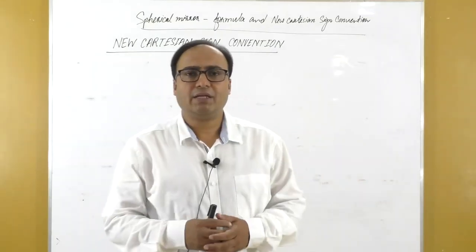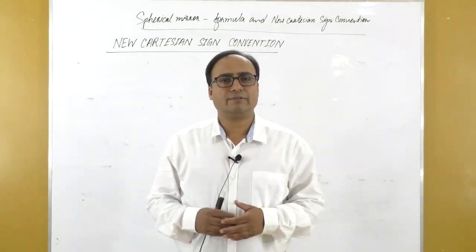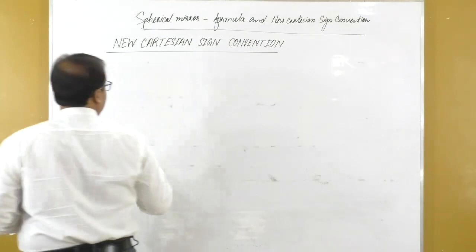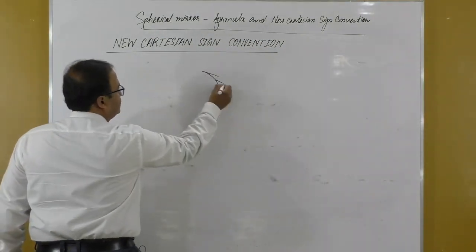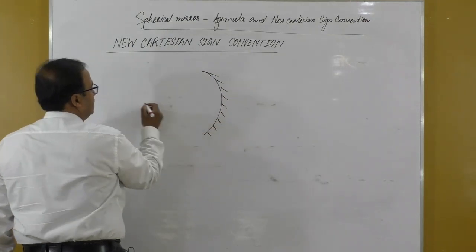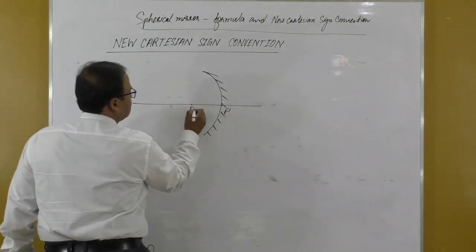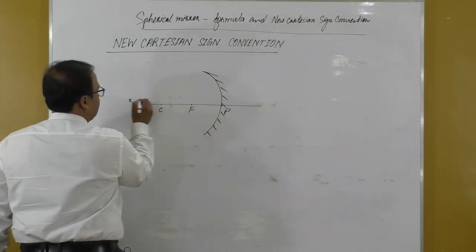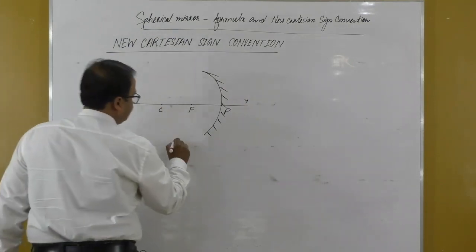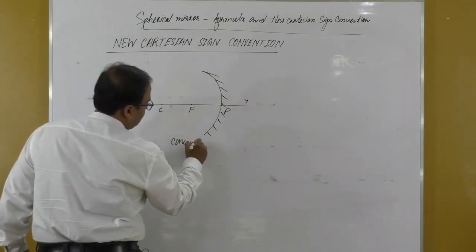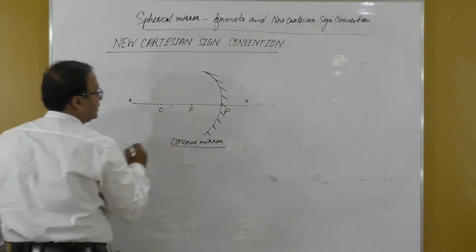Now we'll discuss the application of the new Cartesian sign convention in the formula of the spherical mirror. So for a concave mirror, this is the principal axis, pole, focus, center of curvature, XY is the principal axis, and this is the concave mirror.